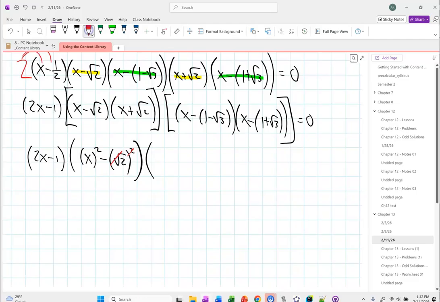Okay? So if I do x times x, it's x squared, x times negative 1 plus square root 3, and then negative 1 minus square root 3 times x.